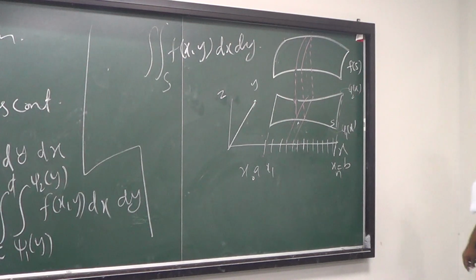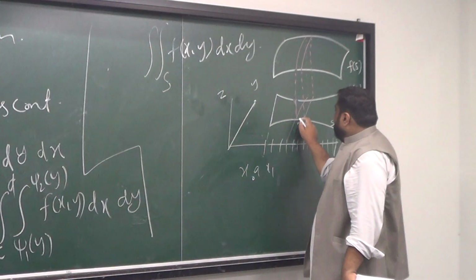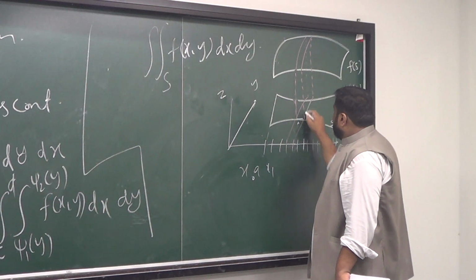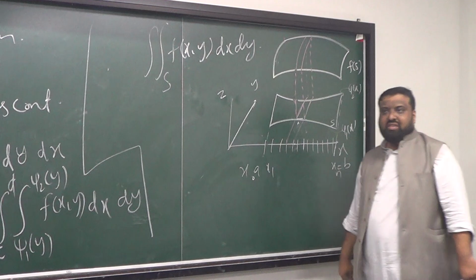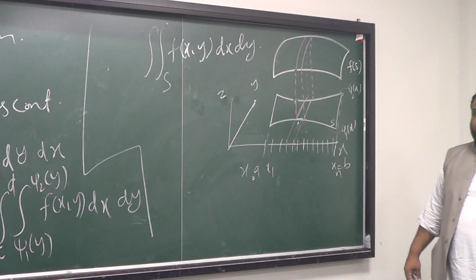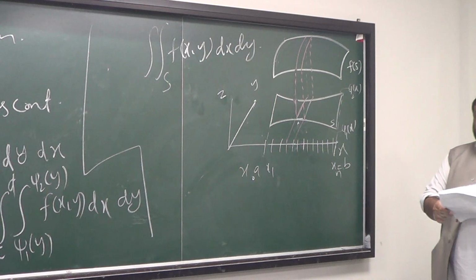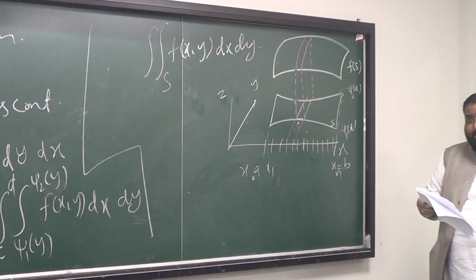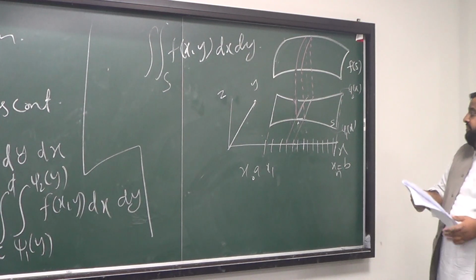So what would be the area, the base of the slice? What are you going to call it? Delta y? How are you going to interpret it? Phi 2 minus phi 1.